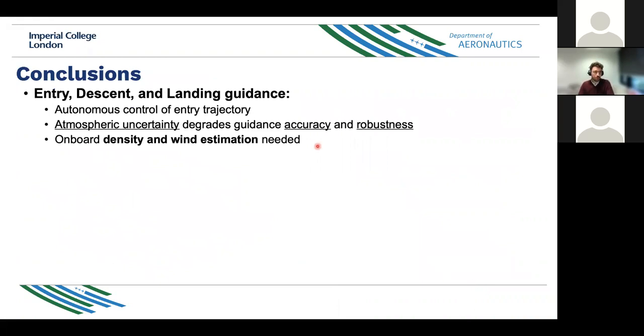So in conclusion, we went over a brief overview of entry descent and landing guidance. Essentially, we need to have autonomous control of an entry trajectory on board the spacecraft when it's entering the atmosphere of Mars. The fact that the atmosphere is uncertain degrades the accuracy and the robustness of the guidance, and therefore we need a method for estimating the density and winds.